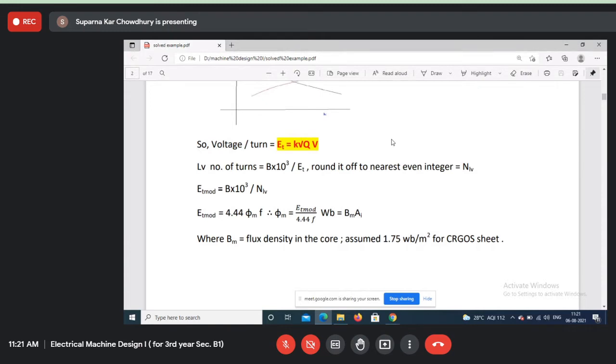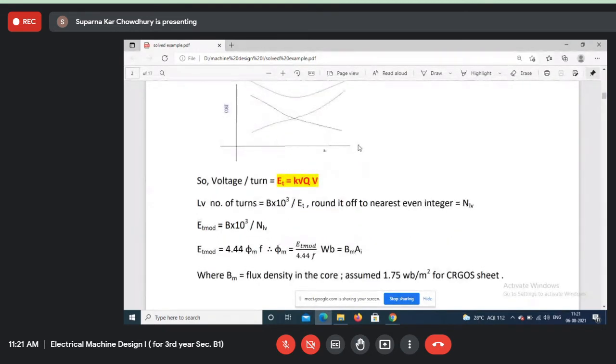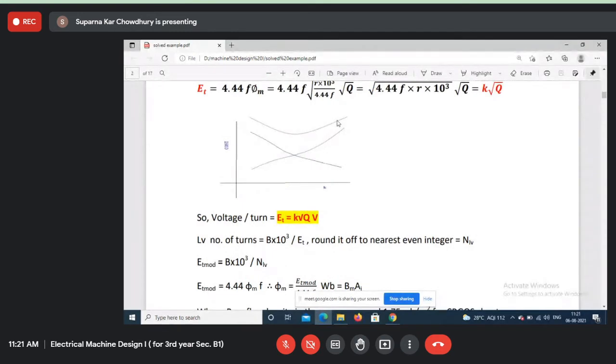But I have specified a percentage impedance. So for simplicity, I would request everyone to start with hand calculation, and it is not possible to find this point, because you have to go for a number of iterations for that. So I would want you to do at least 3 iterations to see how the cost is varying.